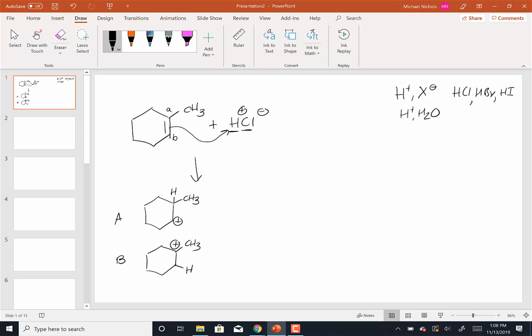Now, which one of those 2 carbocations is the most stable? A or B? Write it on the board. Which one is more stable, A or B?